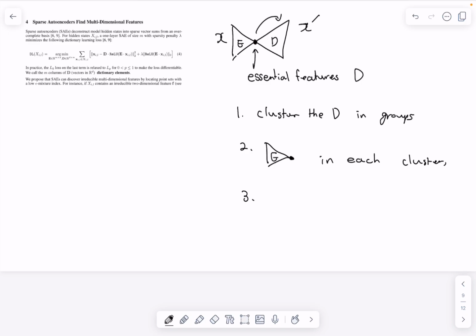Third, analyze the data from the second step using these features and visually confirm the irreducible structures, such as circular patterns, that cannot be further decomposed.